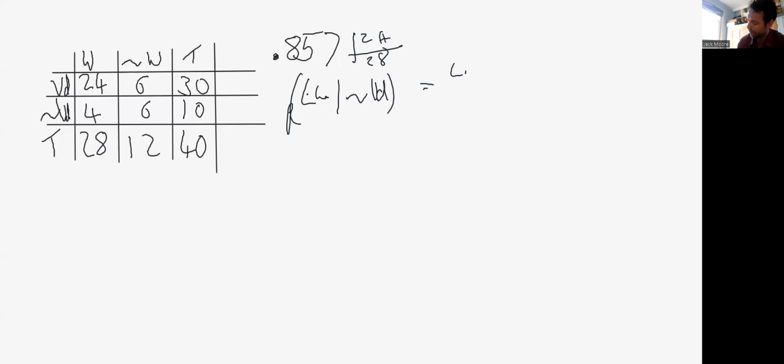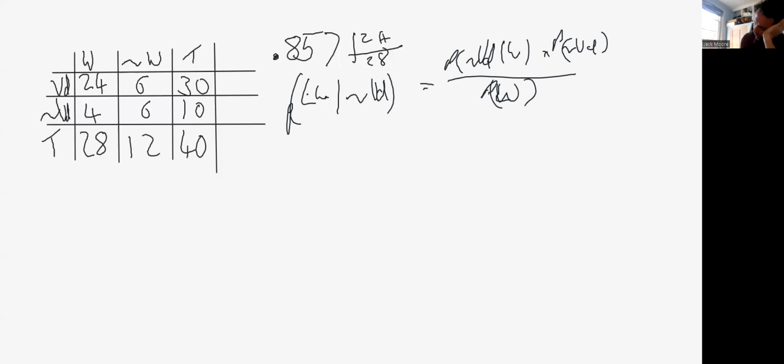It will be the probability of Van Dijk not playing given the win, times the probability of a win. Okay, so we can work out those the same as before.